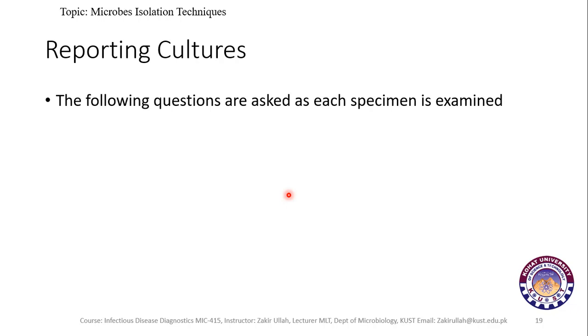So, multiple questions are asked when each specimen is examined. These questions include: what is the specimen source? The specimen source can lead us to know whether this source contains any specific normal flora, so that if there is growth on the culture plate, we know what kind of normal flora may be present.